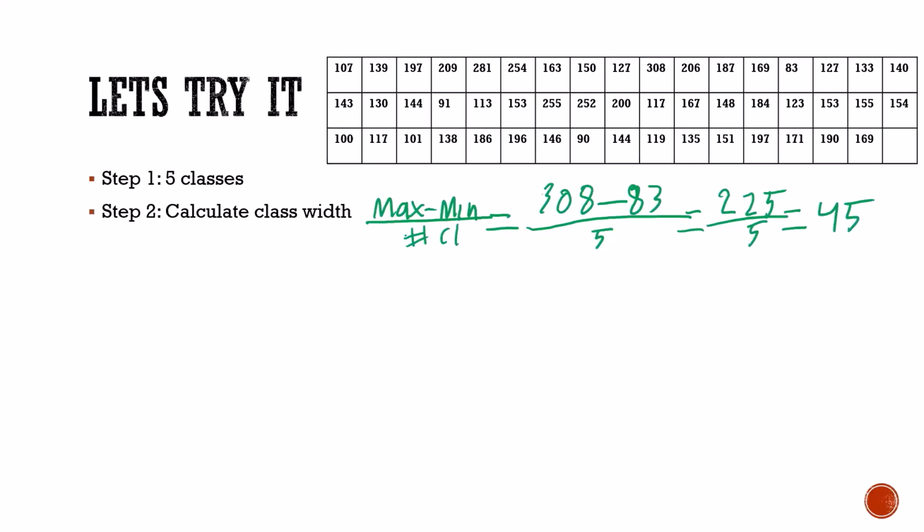So that is our minimum value for a class. You can do 45. You can add the whole number. It's not terrible, right? It's not 43. It's not 41. But you want to make it even. But if you did 45, you would have to start exactly at the 83, right? That's not a convenient start.